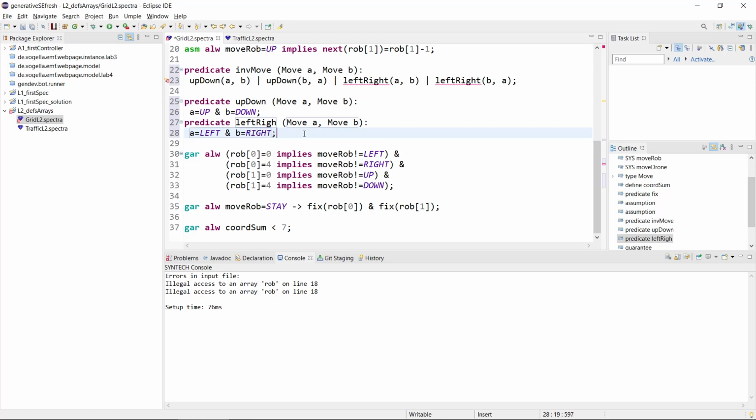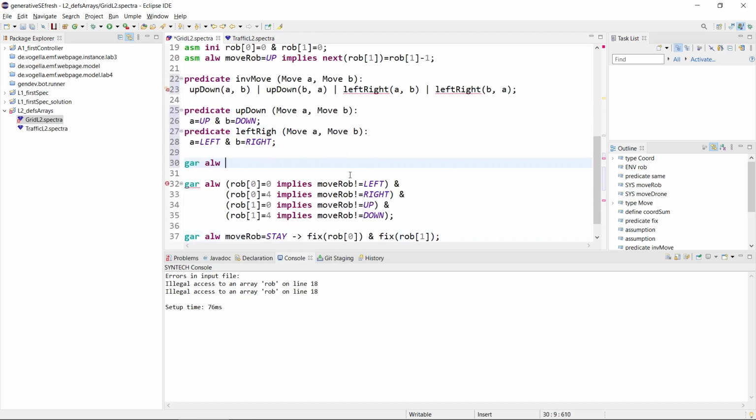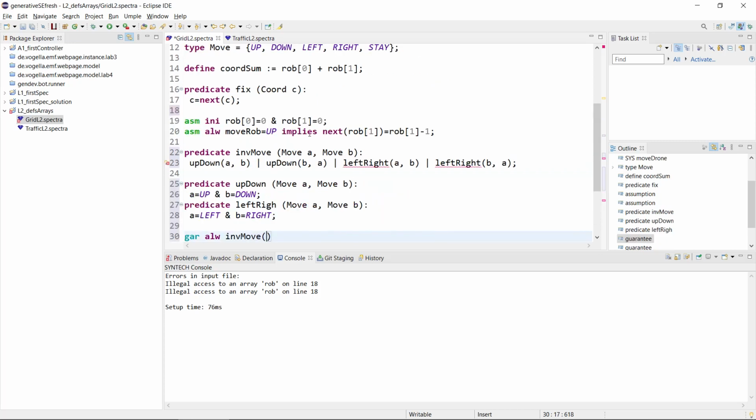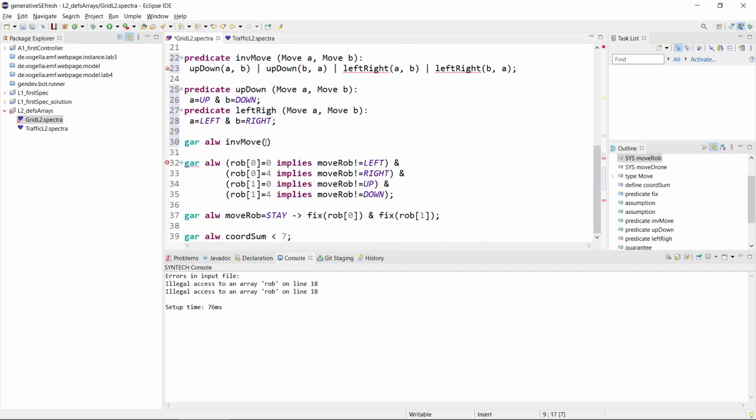Then we could put this into some kind of guarantee, maybe an initial guarantee, or maybe an always guarantee that says inverse move of, and we instantiate it with the two that we have, the move rob and the move drone. So then the robot and the drone would have to move inverse to each other.